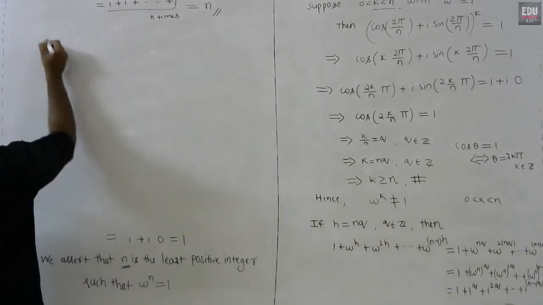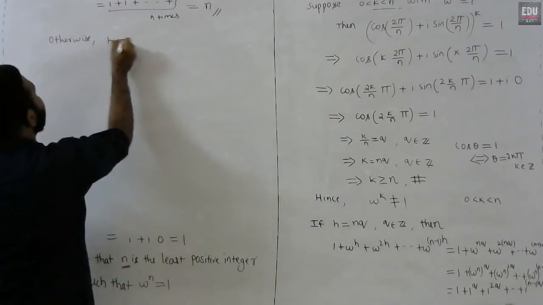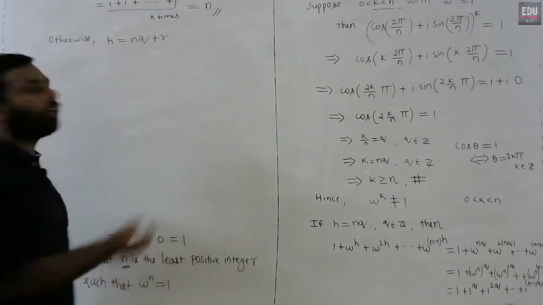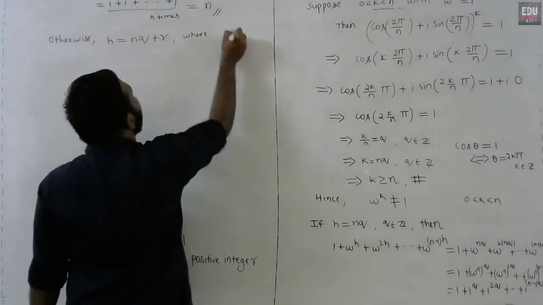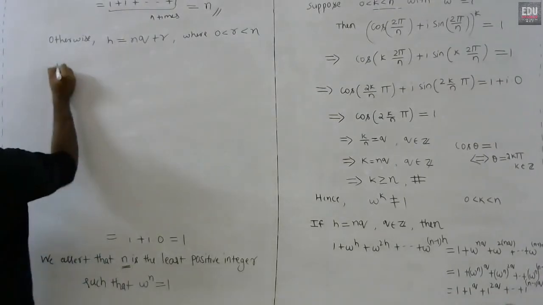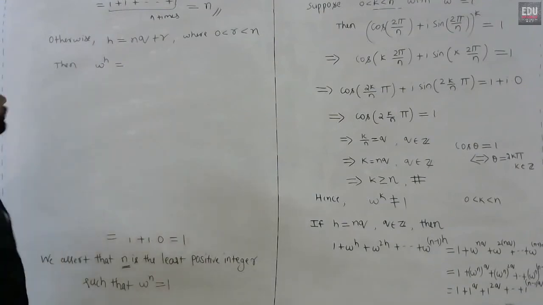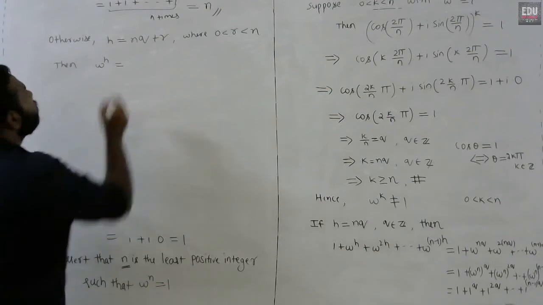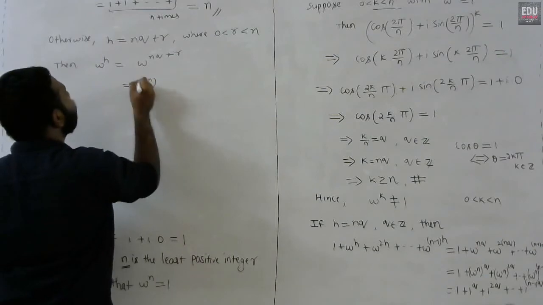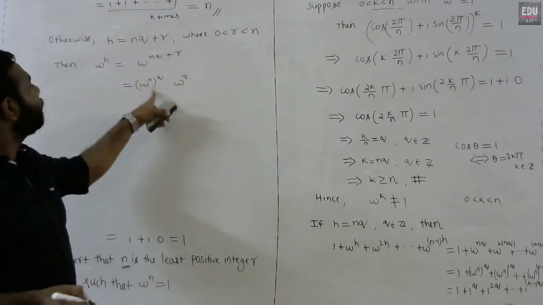Otherwise, it is not a multiple of n, which means when h is divided by n, it leaves a positive remainder r, obviously less than n. Then in this case, what could omega power h be? It is omega power nq plus r, which is omega power n whole power q into omega power r, by the law of indices a power m plus n is a power m into a power n.